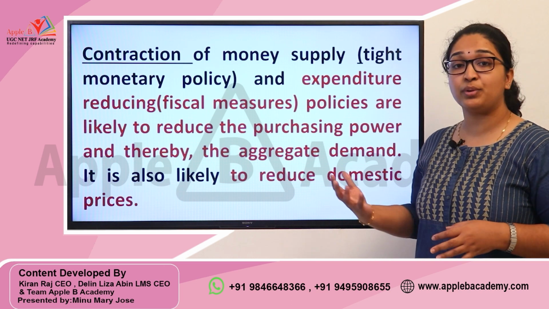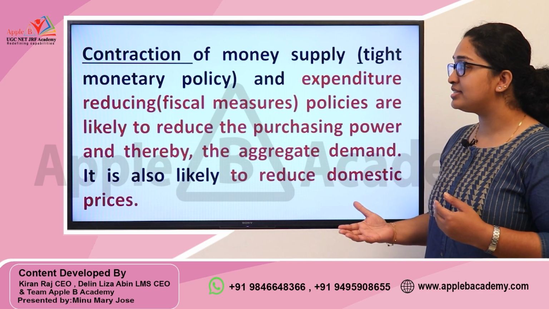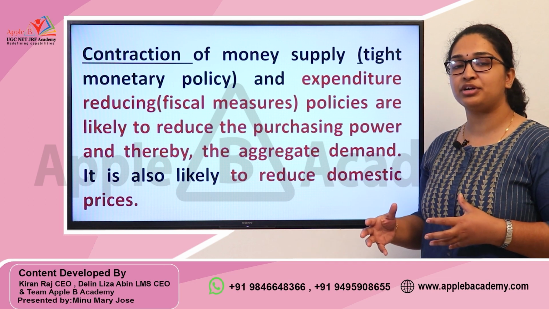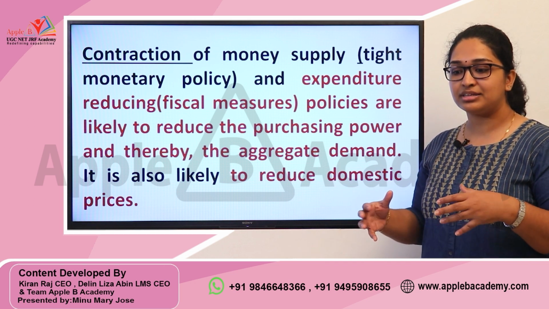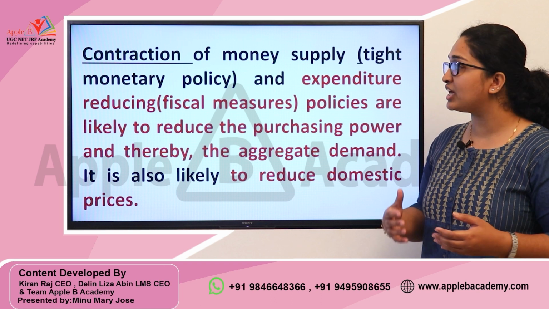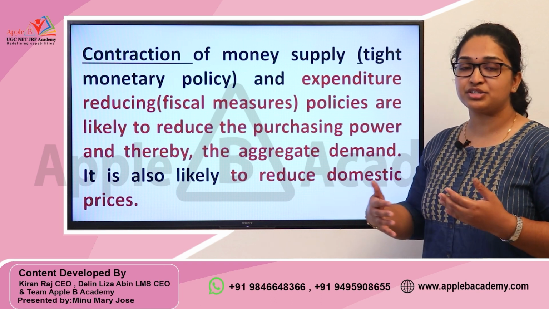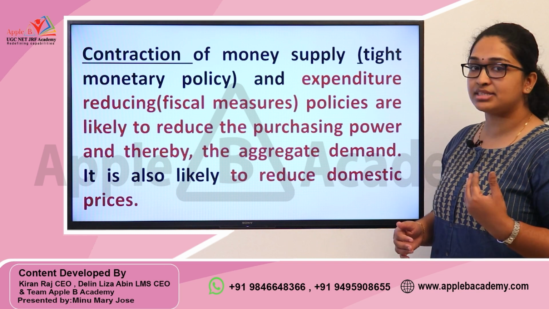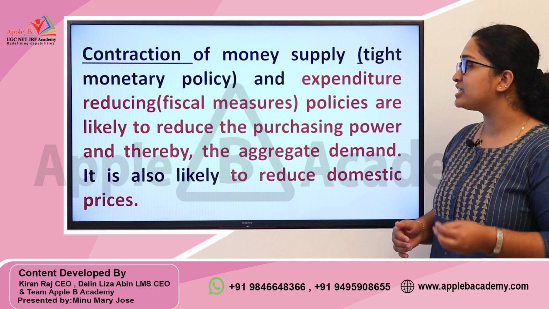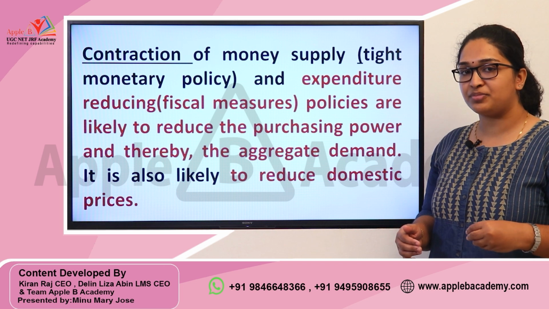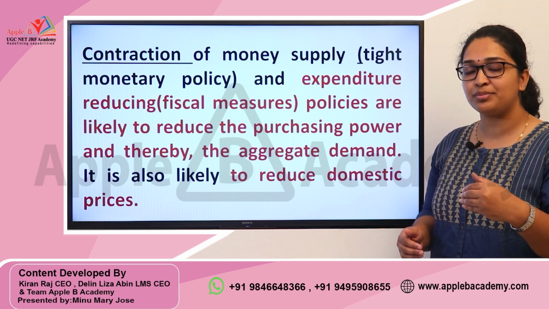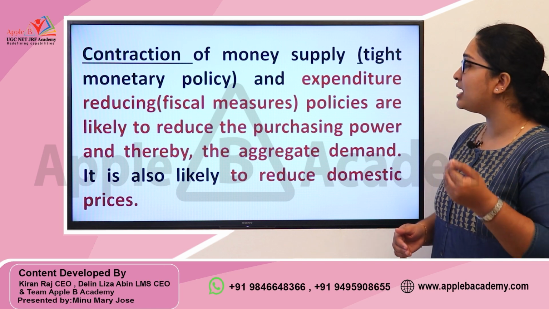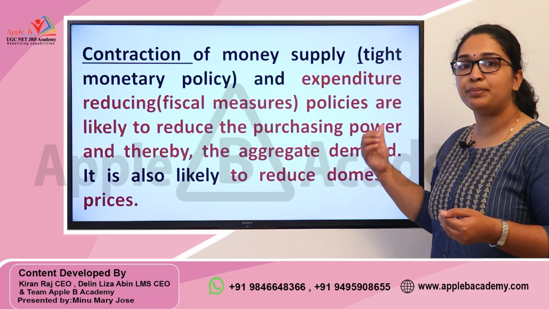Before we go into the answer, we have to discuss some of the important reasons or factors which can lead to this adjustment in balance of payments. That is contraction of money supply, that is a tight monetary policy, and expenditure reducing, that is fiscal measures. Both contractionary monetary as well as fiscal policy can lead to a decrease in the purchasing power.